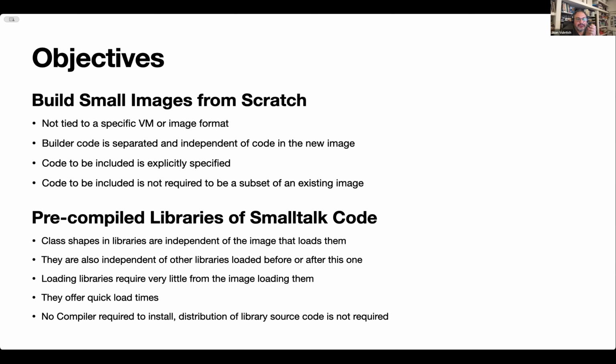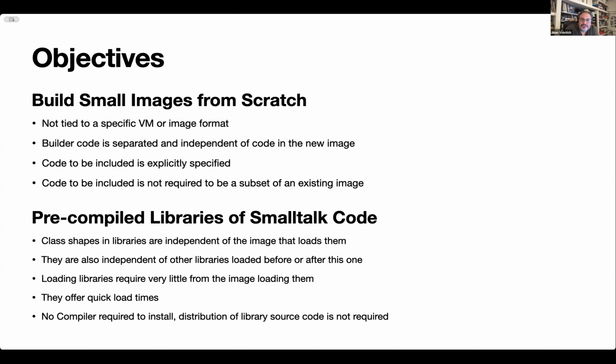So these are some of the objectives we set for this project. We want to build Smalltalk images from scratch. We want to start with an explicit list of what should be included in the new image, ideally a set of source code files. The code in the image being built needs to be independent of the code in the builder image. There is no mother image or such, and the builder must be easy to extend to new image formats.